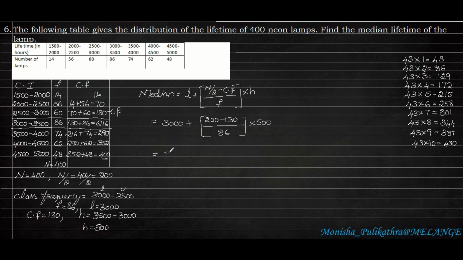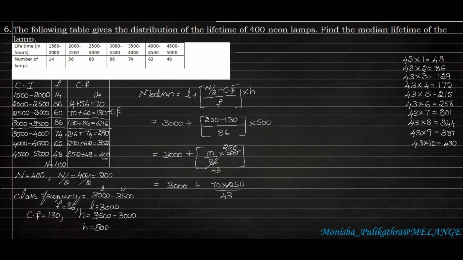So 3000 plus 200 minus 130 is 70, divided by 86 into 500. I will simplify it by dividing by 2: 2 43s are 86, 2 250s are 500. So remaining will be 3000 plus 70 into 250, whole divided by 43.